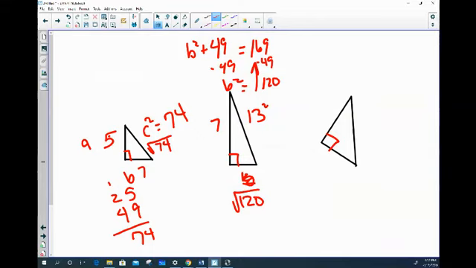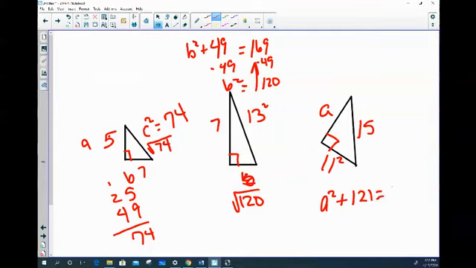Let's try this one. Let's say that I know B, and let's call it 11, and let's call this C, or hypotenuse. We'll call it the length of 15, and I don't know what A is this time. So I know A squared plus 11 squared is 121 if I plugged it into a calculator.